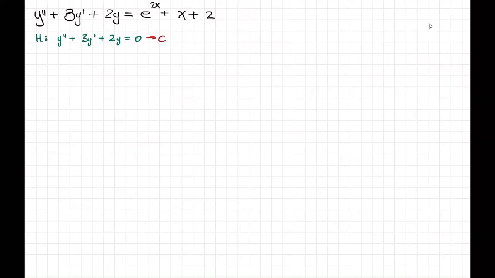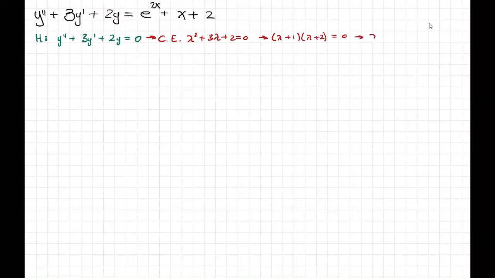So the characteristic equation for this one will be lambda squared plus 3 lambda plus 2 equals to 0. We can factor this one out. So we have lambda, and this will be plus and plus. We have 1 and 2.